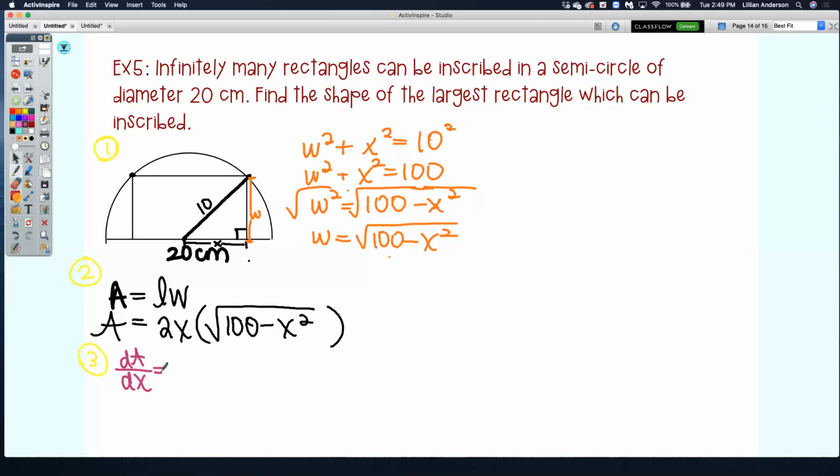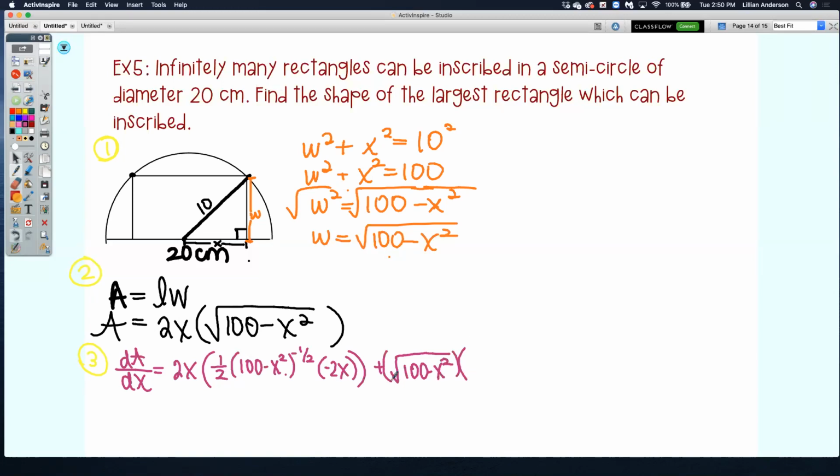Product and chain. Yes, yes, yes. So it's going to be the first times the derivative of the second. That's 1/2 times 100 minus x squared to the negative 1/2 times the negative 2x, plus the second times the derivative of the first.